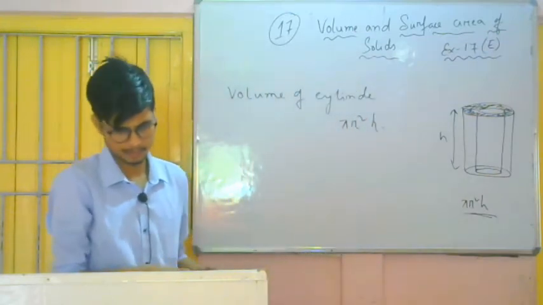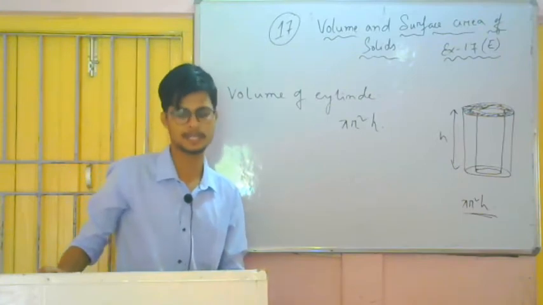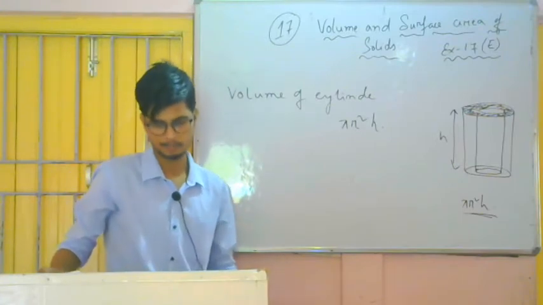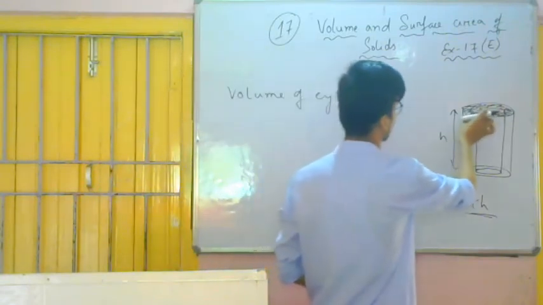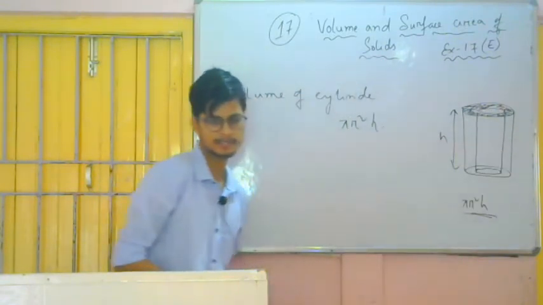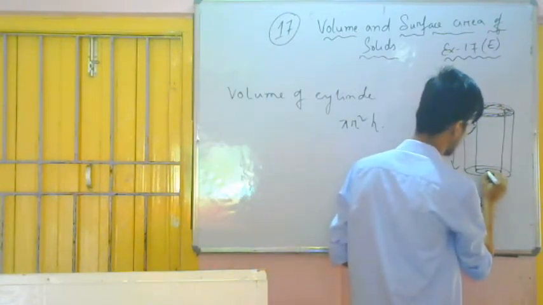You can see it in your book, page number 326, volume of the material of a hollow cylinder. If I want to find the volume of the material of this hollow cylinder, I take the radius of this bigger cylinder as capital R, and this inner one as small r.